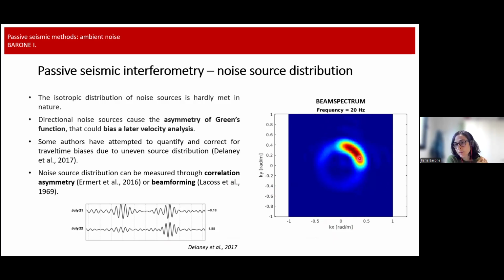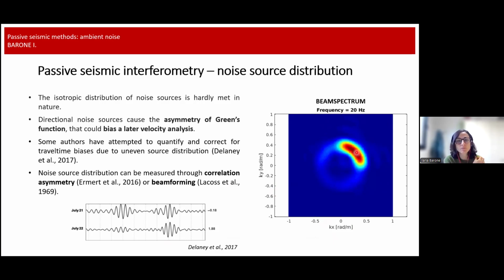And from this spectrum, you can see that we have a preferential orientation of the noise. So the noise is coming in this specific case from northeast. Although there is still some noise also in the other direction, just less powerful. The fact that we have kind of a circle is because the radius of the circle gives us an indication of the velocity of propagation of the medium.